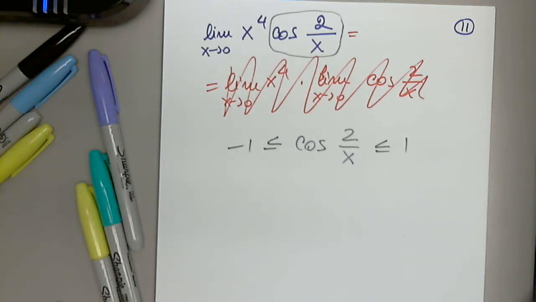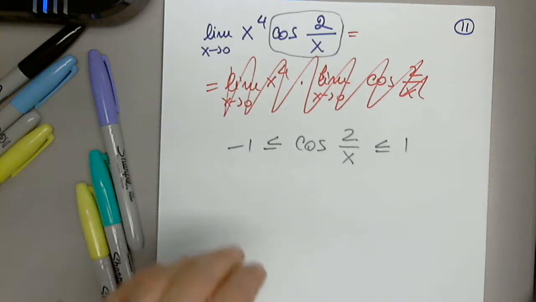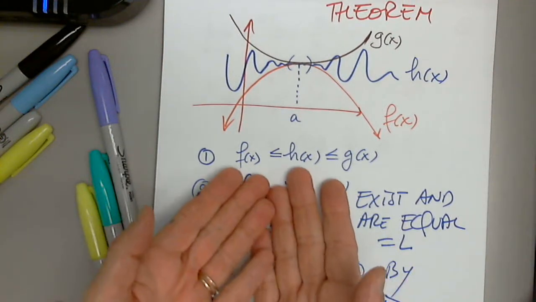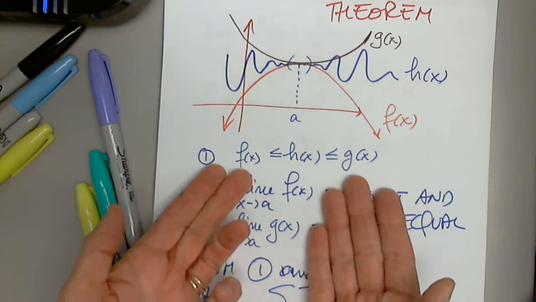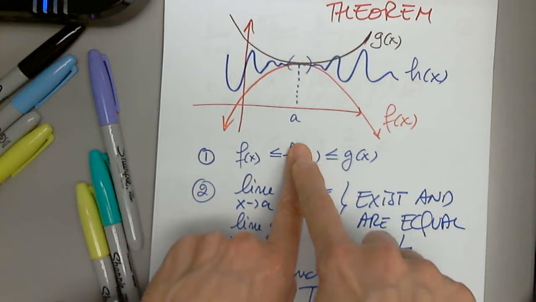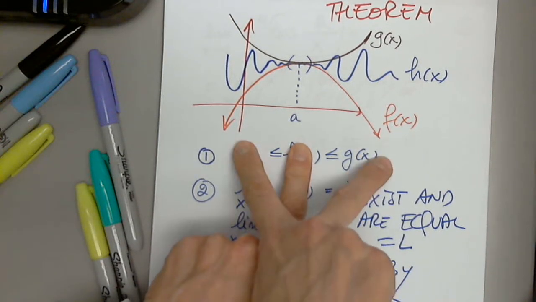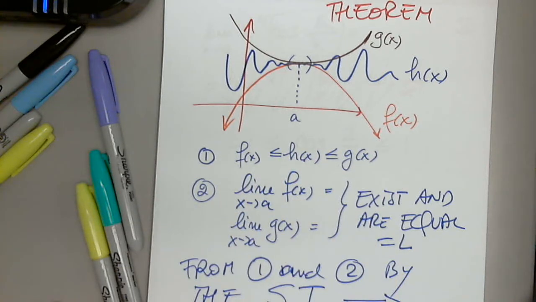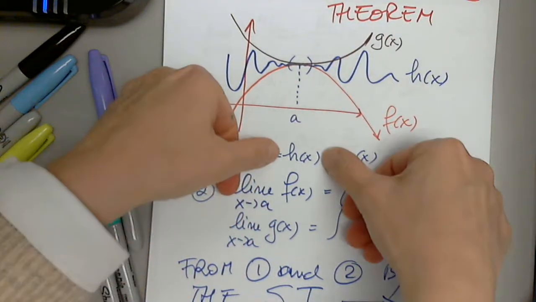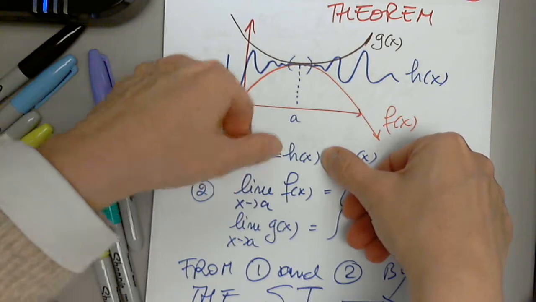Let me come back to the Squeeze theorem for a moment and tell you what I'm trying to do. I'm trying to fulfill the first hypothesis: to show that the function we want the limit of is squeezed between two functions. I'm not there yet because I don't have my h of x inside yet.